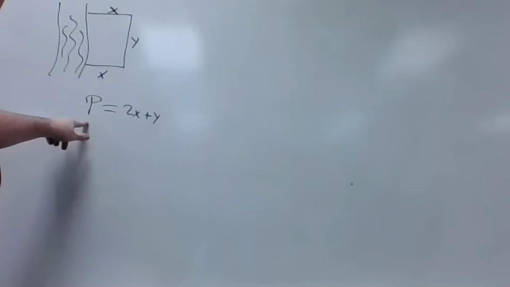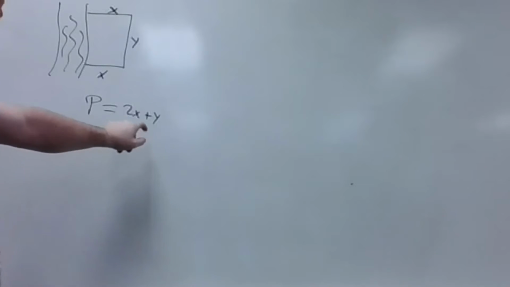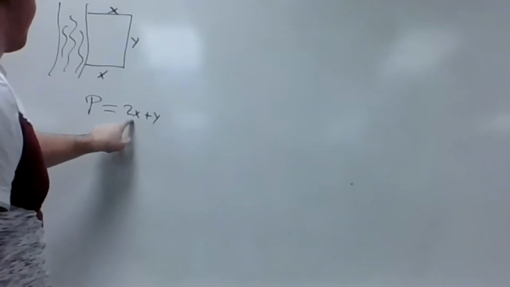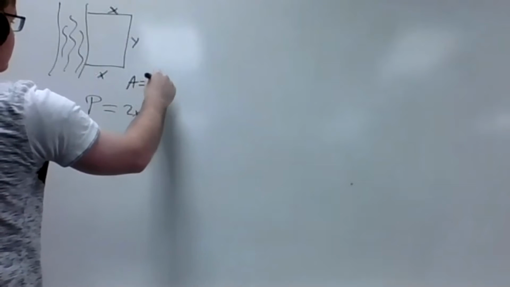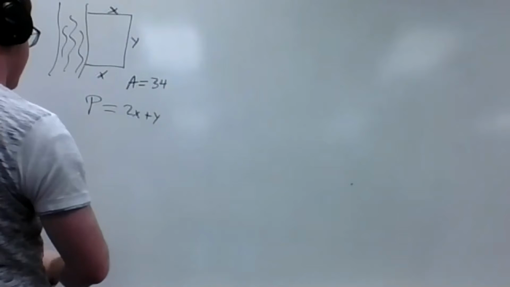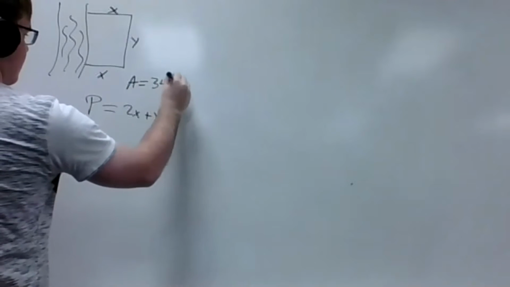But we have two variables here. So when we take a derivative, this is going to be a lot harder now that we're doing two variables. So we need to somehow replace one of these variables so it will be the same as y. We're going to do that by writing another equation that says area equals 3,400 feet squared.